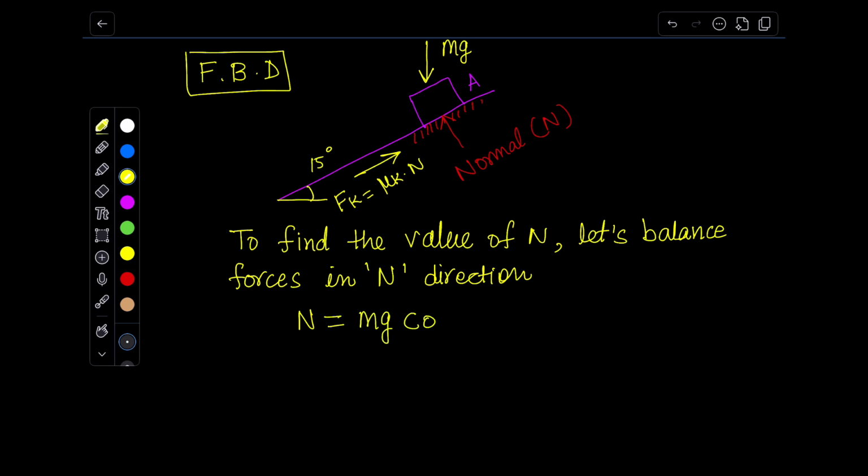Okay, now how to calculate this component? You have given angle, so you have to find what will be the angle. So I will write here mg cos 15. Now I will explain by a picture how I have calculated this cos 15. So now put the values here. In coming few seconds you will see that picture where it will be shown how we can calculate the cos 15.